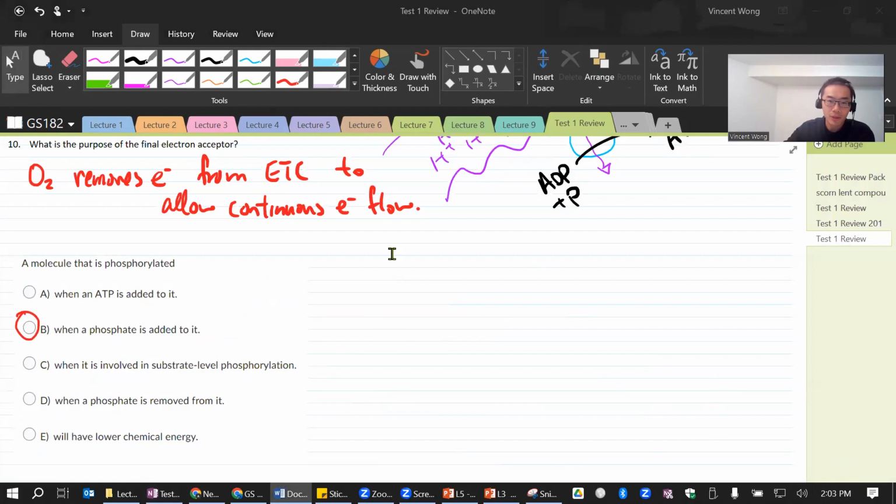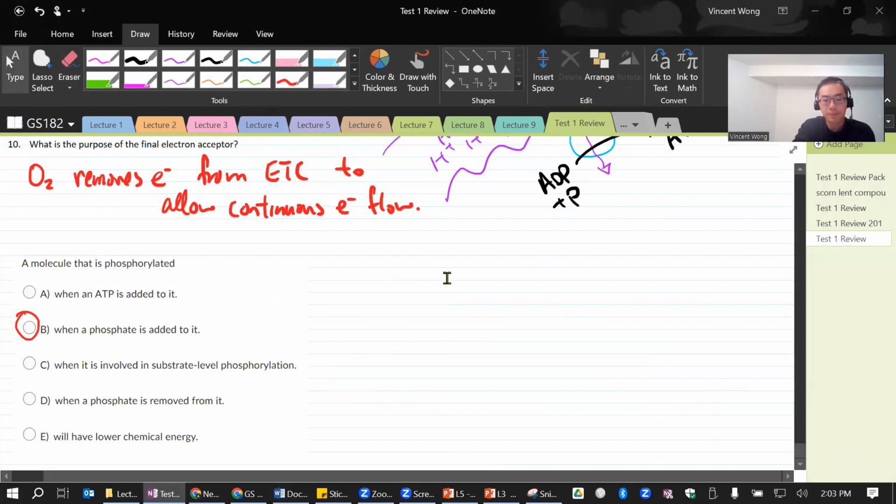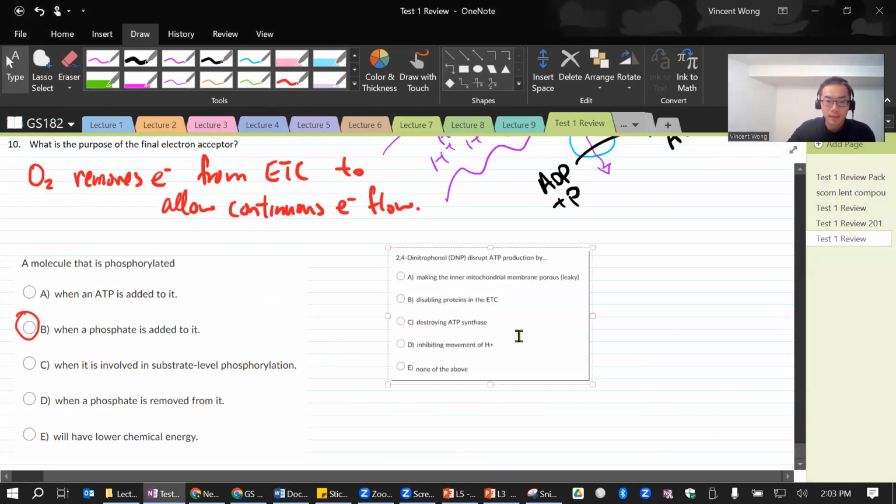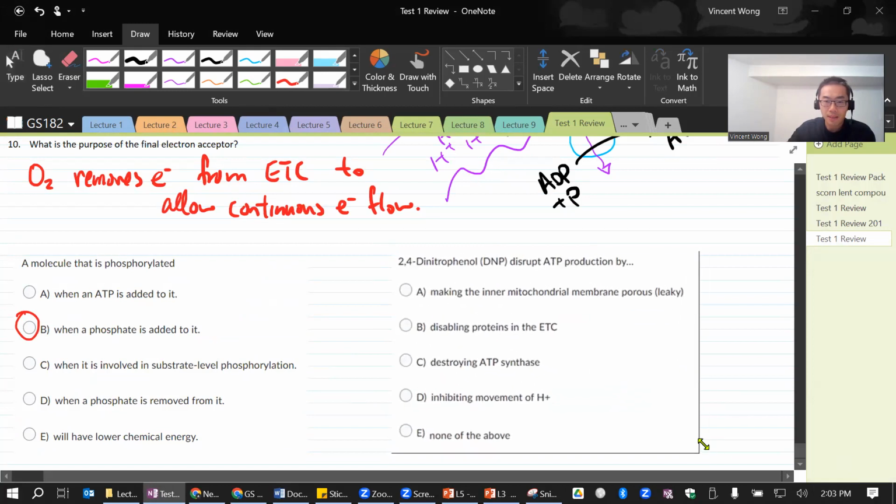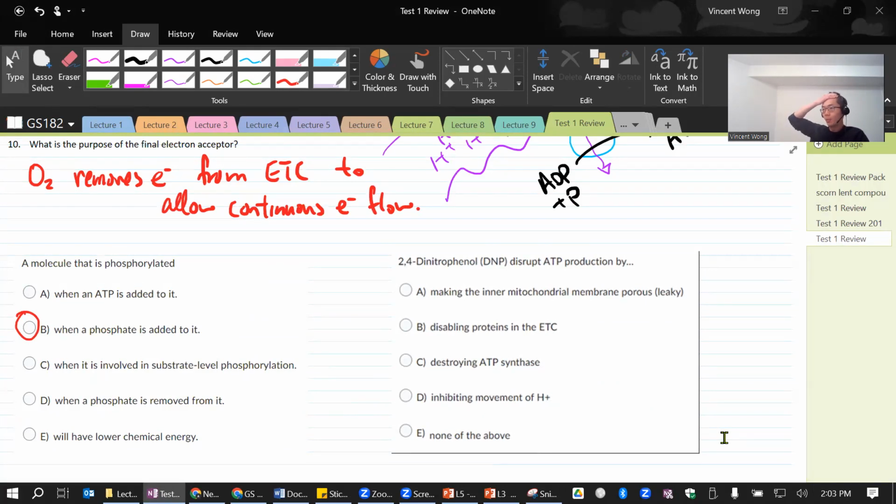We also learned a bunch of poisons. See if you remember this one. This is DNP. That's the one from the factory, right? The guy accidentally ingested some and then he had rapid weight loss. Remember that story? But it turns out to be poisonous.